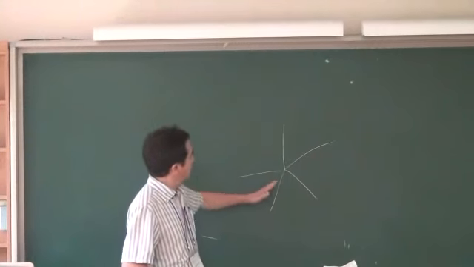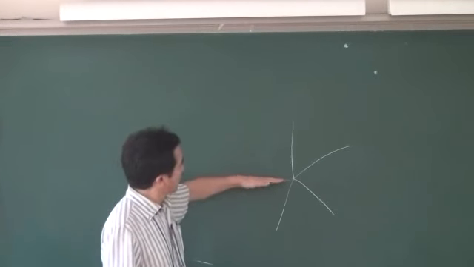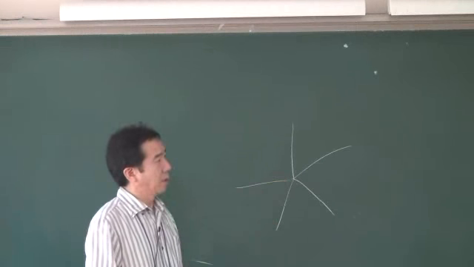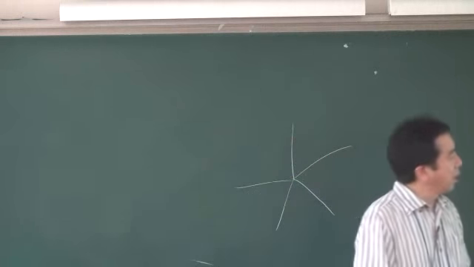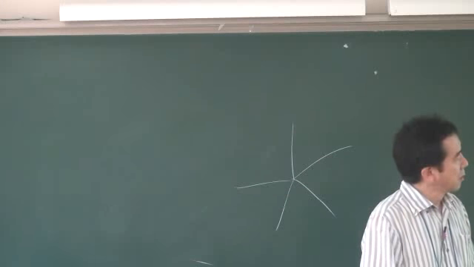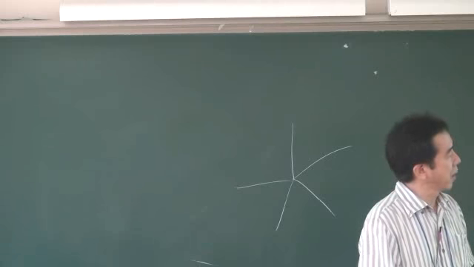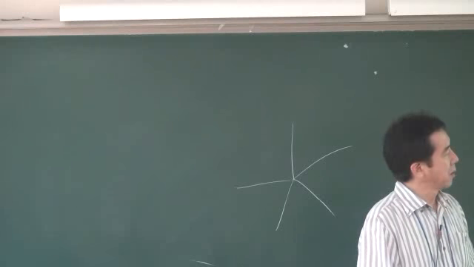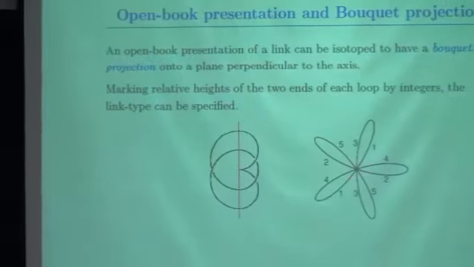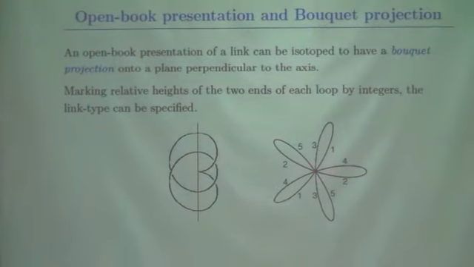If you tilt each of these spokes, you will have this bouquet diagram. And if you assign relative z heights to the two ends of these loops, this has all the information of the embedding, so it will give you the knot type or link type.